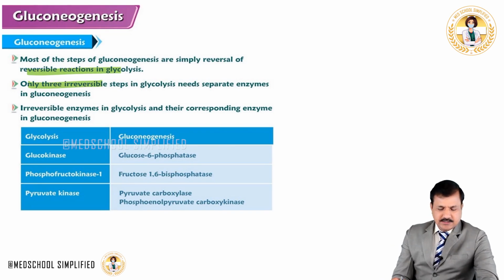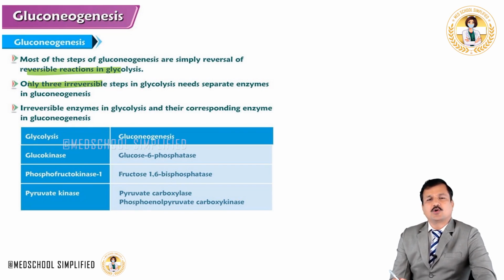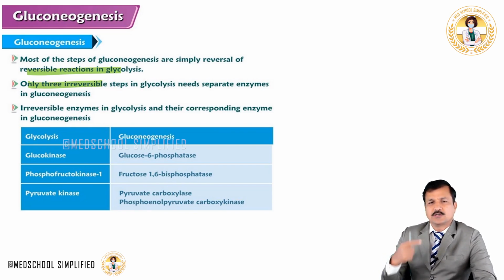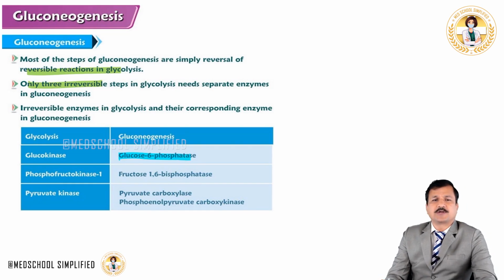Now the glucokinase in the liver, which converts glucose into glucose-6-phosphate, is an irreversible reaction. So in order to convert glucose-6-phosphate back into glucose, reversing the first reaction in glycolysis, there is the glucose-6-phosphatase enzyme.